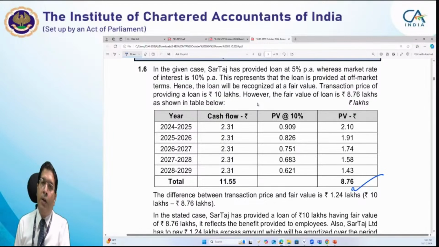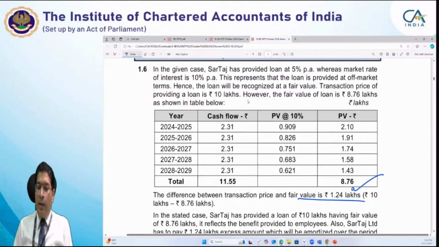In initial recognition, you will show 8.76 lakh as fair value, and the balance of 10 lakhs minus 8.76 lakhs, which will be equal to 1.24 lakh, as staff prepaid expenses.